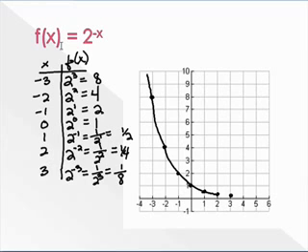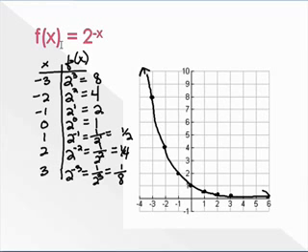Here again, this is approaching 0. It's going to get closer and closer to 0, but it will never equal 0. Now, keep in mind that in this graph we had a negative in for the x.